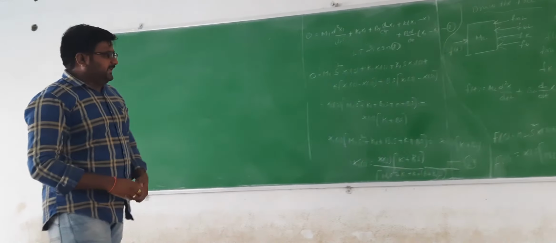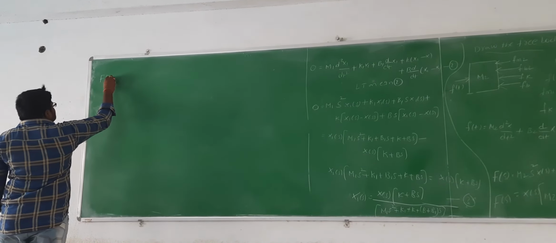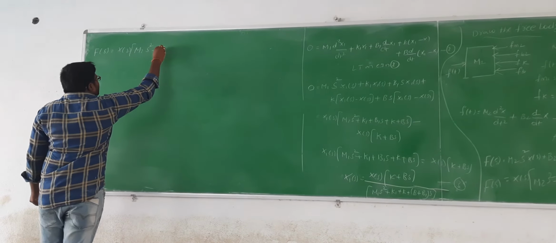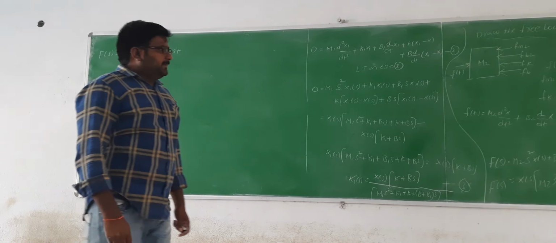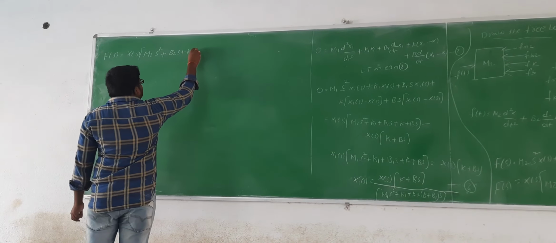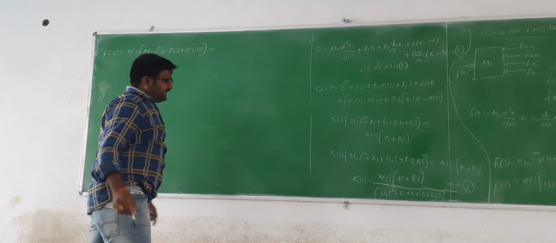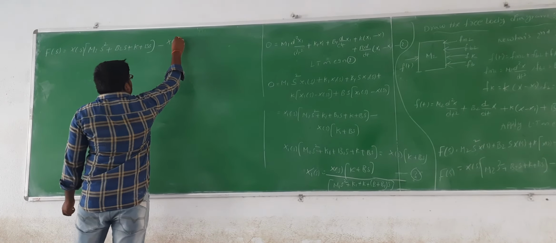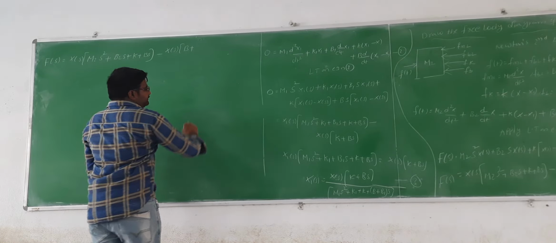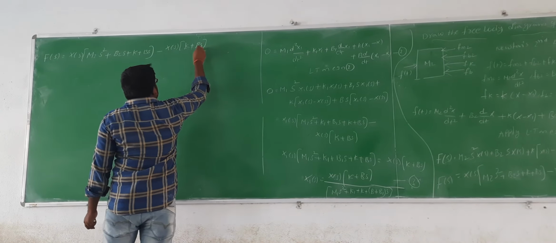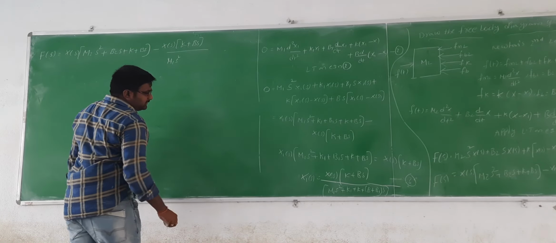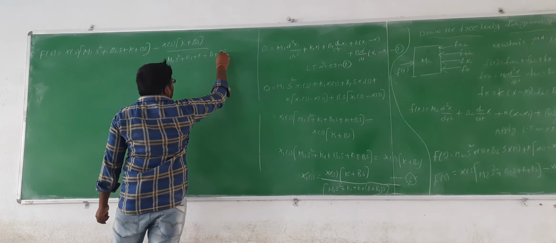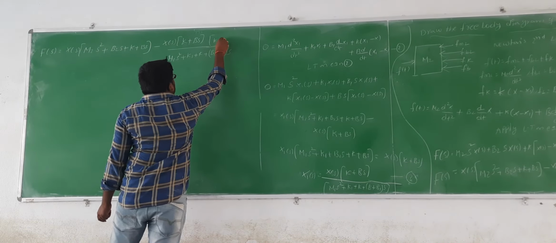What is the fifth equation? F(s) is equal to X(s) into (m2 s² + b2 s + k + bs) minus X1(s) into (k + bs). So X1(s) is substituted from equation number 3, that is X(s) into (k + bs) by (m1 s² + (k1 + k + b + b1) s), into (k + bs).